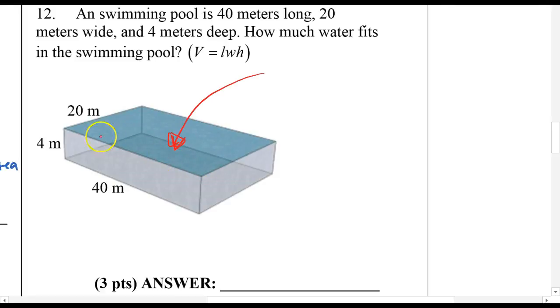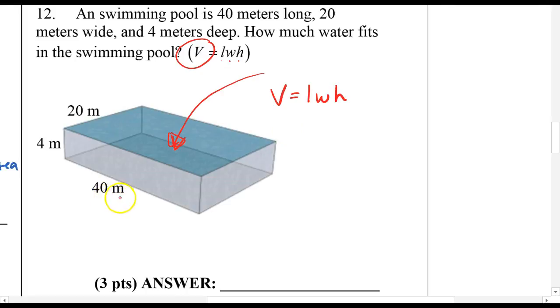Okay, so if we're looking in 3 dimensions, we're talking about volume. And you can see here we give you the volume equation. Okay, so again, volume is length times width times height for a rectangular prism, or box shaped. So what I do is the length times the width times the height.